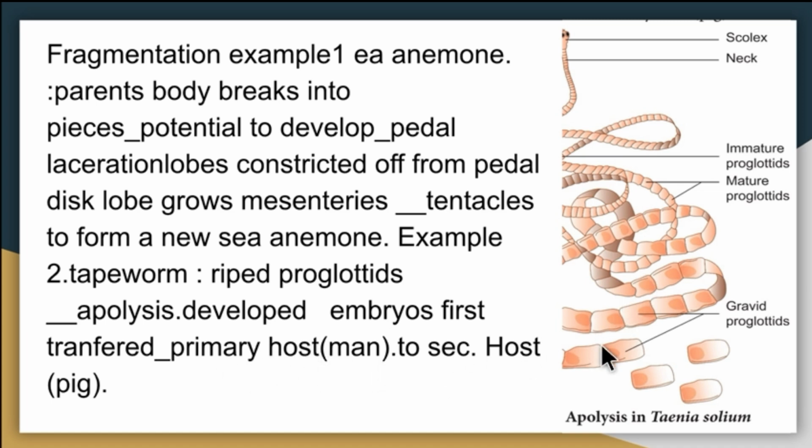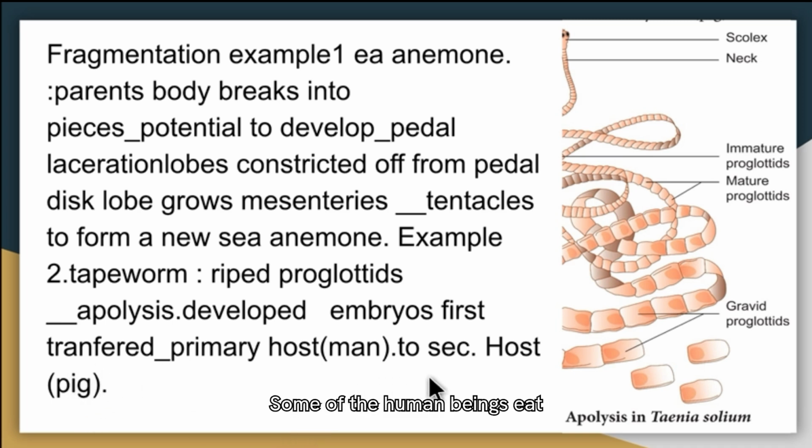And then, in human fecal matter, the worm comes out. Then, via air, suppose our fecal matter is eaten by a pig. The pig has this parasite, so the secondary host is the pig.